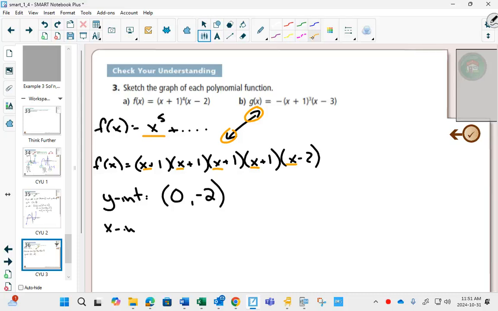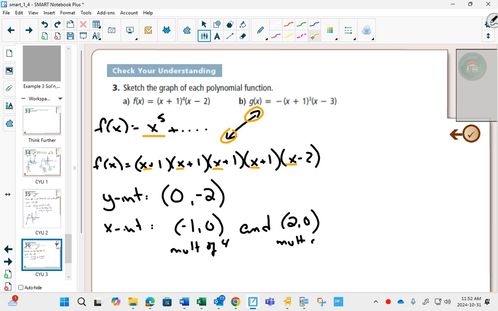And then our x-intercepts are going to be at -1, 0, and I'm going to put underneath this one, that has a multiplicity of 4, and 2, 0, from that factor, this one has a multiplicity of 1.